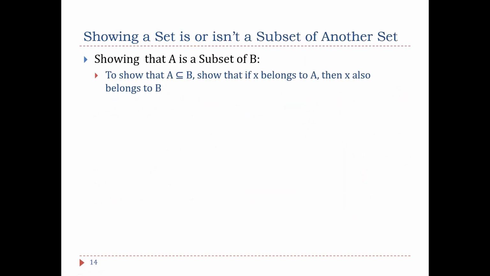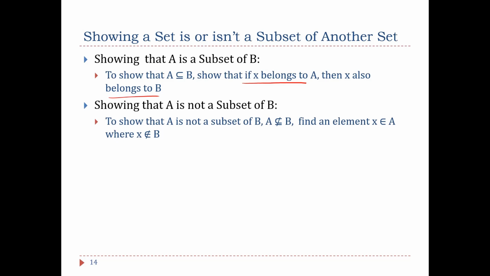To show that a set is or is not a subset of another one, we show that if X belongs to A, then X also belongs to B. We start from the premise, and then show that the conclusion, X belongs to B, is necessarily true, for an arbitrary element X. We can also show the contrapositive: for every X, if X is not in B, then necessarily X is not in A. These two implications are equivalent.